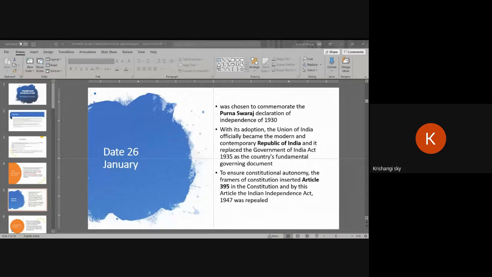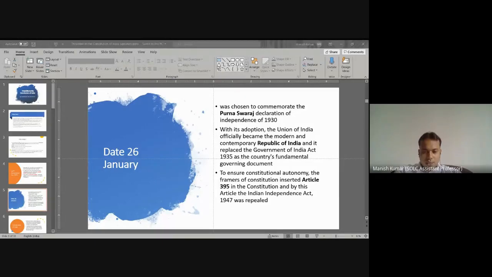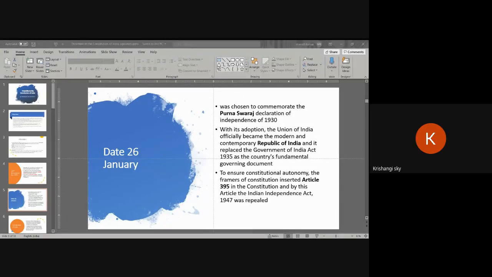I was asking a question: after the 42nd Amendment, the four words inserted in our preamble, what were they? Socialist, secular, unity and integrity. They came after the 42nd Amendment in the preamble, in 1976. Okay, sir. Thank you, sir.